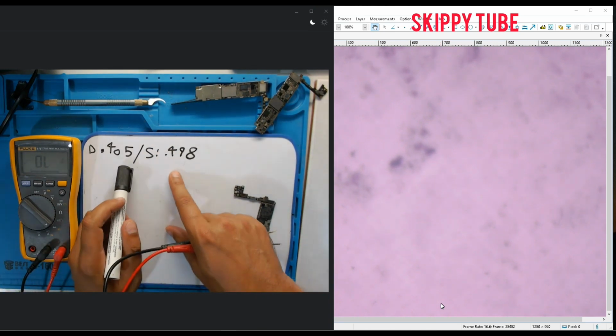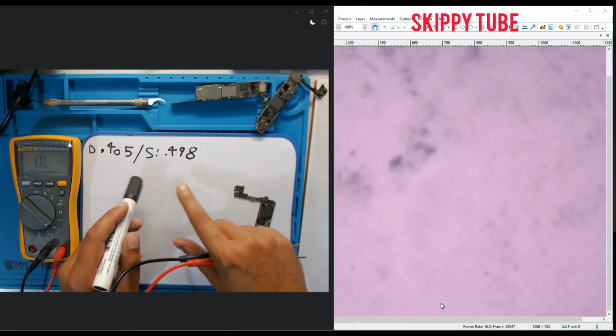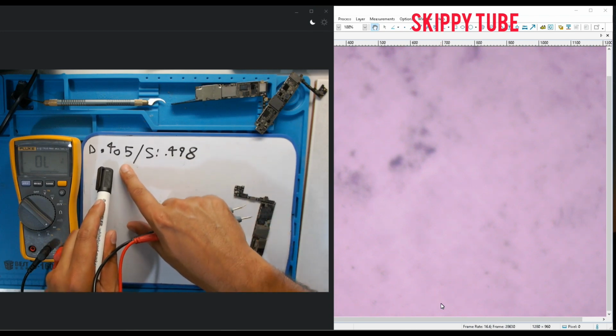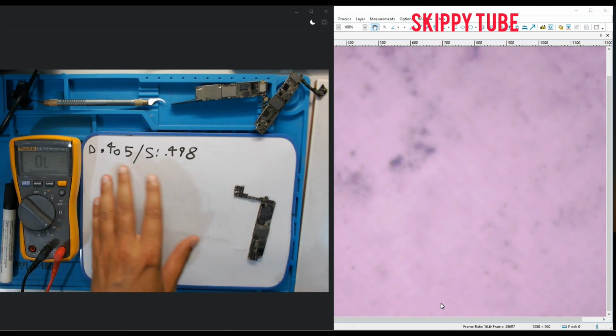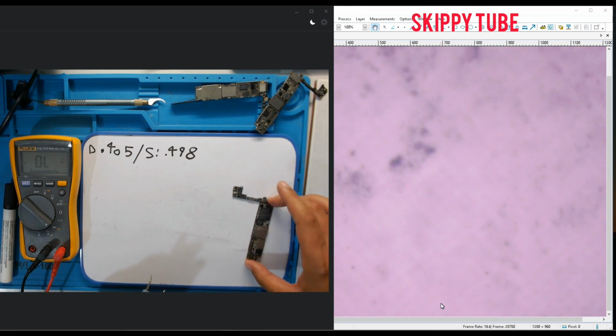First, you see there is a very high fault tolerance here, because that value is very close to the diode value. This is the first one.